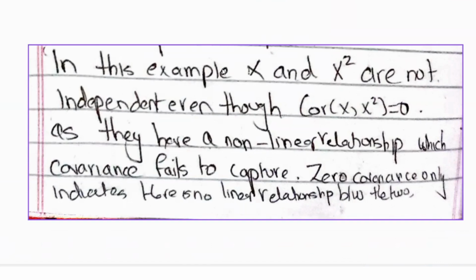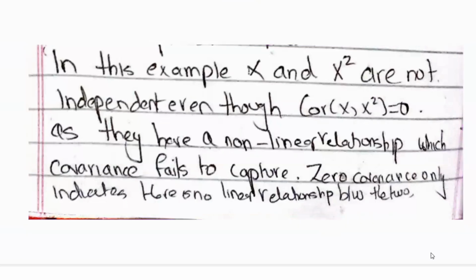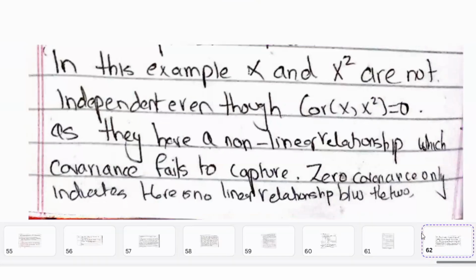So in this example, we've shown that we have two variables, x and x square, that are not independent, even though their covariance is 0. And this is because they have a non-linear relationship, which covariance fails to capture. Zero covariance only means there's no linear relationship between them, which is true, right? So in this example, we can see that zero covariance does not necessarily imply independence. We do have zero covariance here, but they're not independent because there's a non-linear relationship between them.